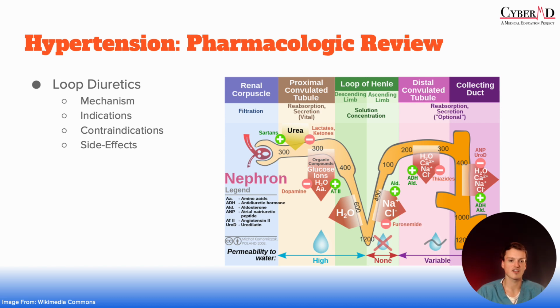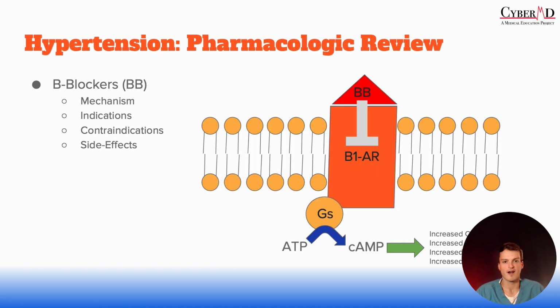Next, it can cause hyperuricemia, which can exacerbate gout, and then it can also cause a metabolic alkalosis due to the excessive loss of chloride in relation to bicarb. All right, last up in our pharmacology review is going to be beta blockers. Their mechanism of action is primarily blocking of the beta adrenergic receptors in the heart and the blood vessels.